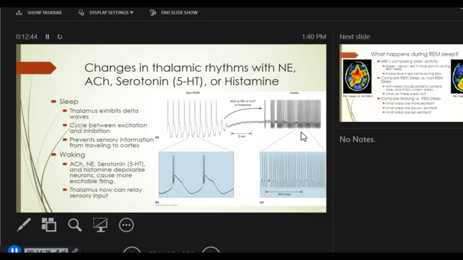But once these diffuse modulatory neurotransmitter systems start firing and cause the thalamus to exit that rhythmic firing pattern, individual cells within the thalamus are firing, and they send signals that convey information about sensory input the thalamus is receiving up to your cerebral cortex. So that information is encoded up here, and now you're conscious and aware of your sensory systems.